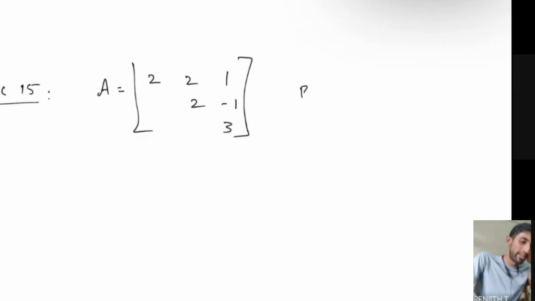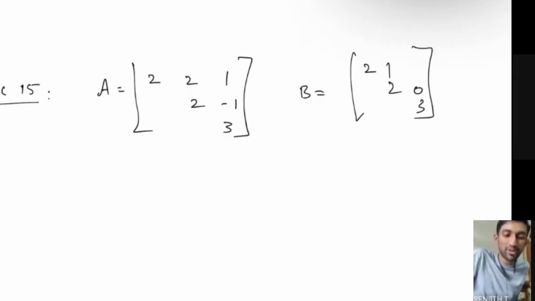Some December 2015 question. A is 2 2 1 2 minus 1 and 3, and B is equal to 2 1 2 0 3. So obviously A is not in Jordan canonical form.